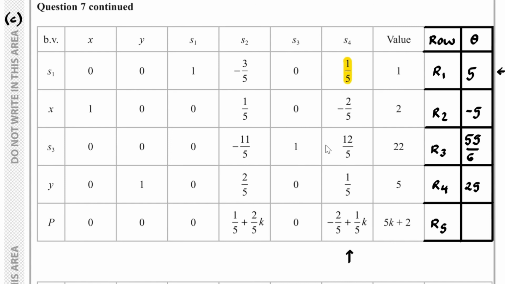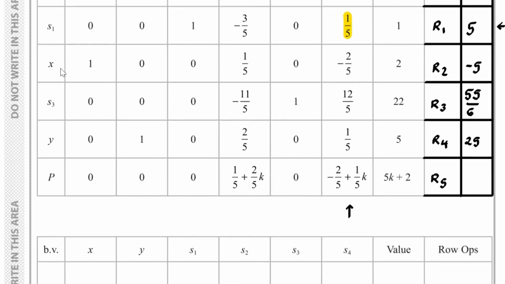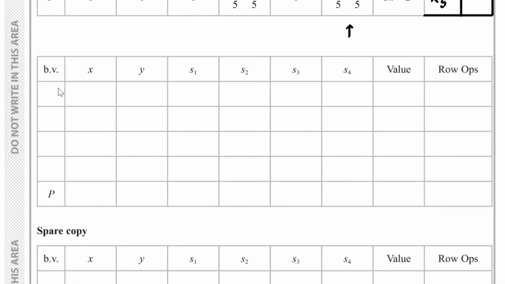So now that we've identified our pivot is in the S4 column, which means the basic variable increases from S1 to S4.